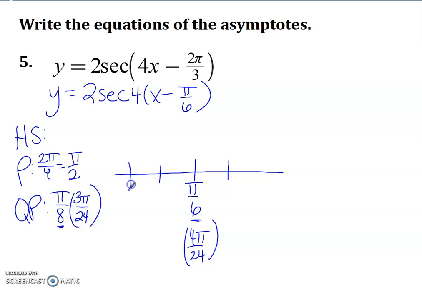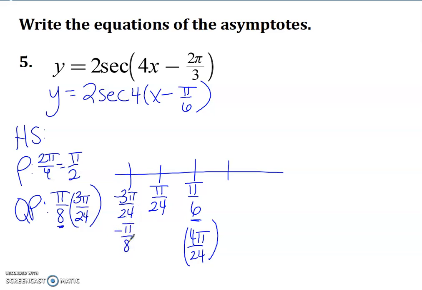Okay, so I'm moving to the left because I want to get to 0. So if I subtract 3 pi over 24, I'm at pi over 24. And then if I subtract it again, or I could go the other way, because I know zeros, we're going to pass 0 here, but I'm at negative 3 pi over 24, which is really negative pi over 8.